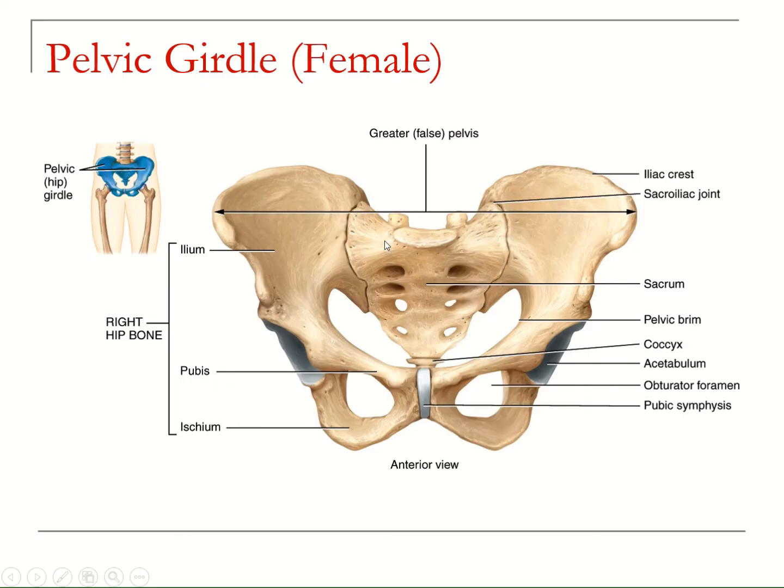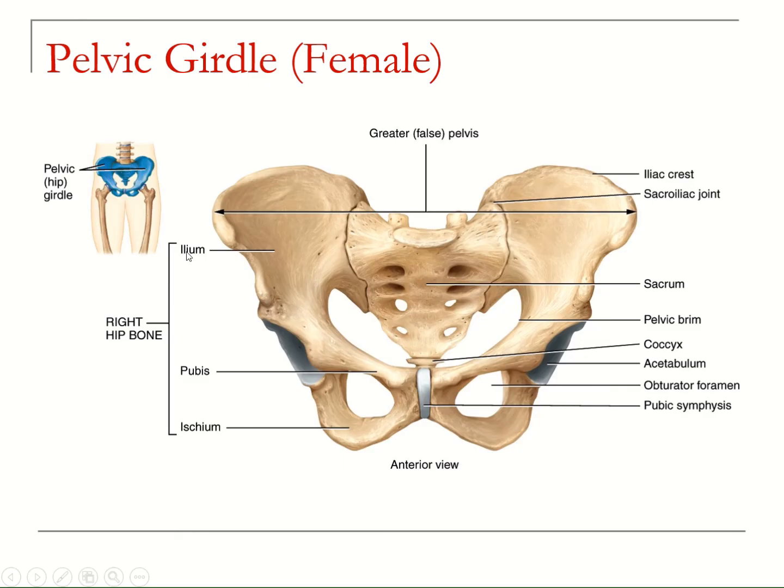By the name sacroiliac joints, because your hip bone is made up of 3 bones: your ilium, ischium, and your pubic bones. Ilium with the letter I, ilium, ischium, and pubis.